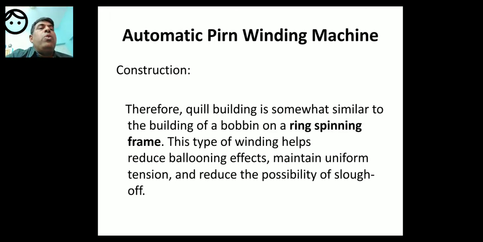So uniform tension is maintained, and ballooning effect means, suppose a yarn is drawn from a cone, then it forms like a balloon.